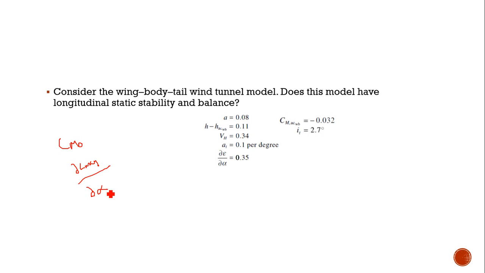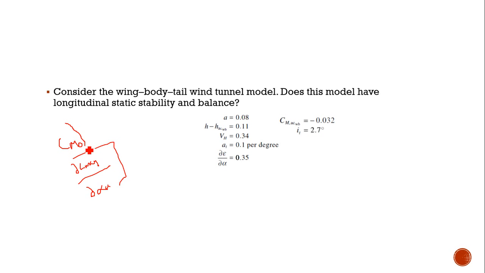So if they ask questions to find the static stability and give some values, we just write the formulas for both things, find the values, and with those answers conclude whether the aircraft is in a stable condition or not.